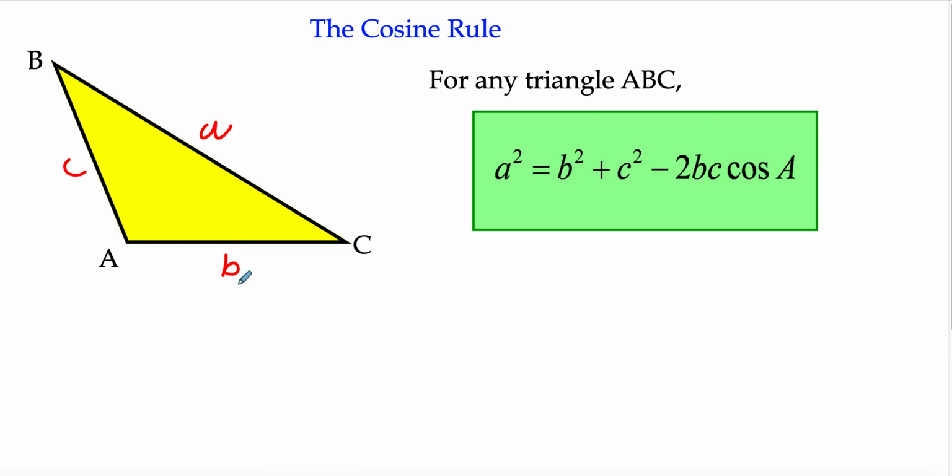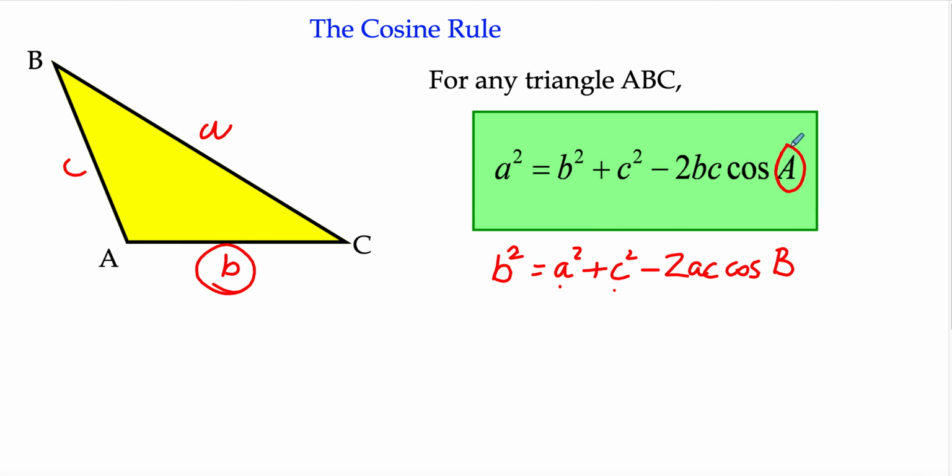So in other words, if I wanted to calculate the side B, then I could write down b squared is equal to the other two sides, a squared plus c squared, squared and added together, minus 2 times the product of those two sides that I've just written down on the right hand side, a times c times the cos of angle B. And you notice that the angle, which is connected to the cosine of that, is the same letter as the side that we're trying to find.